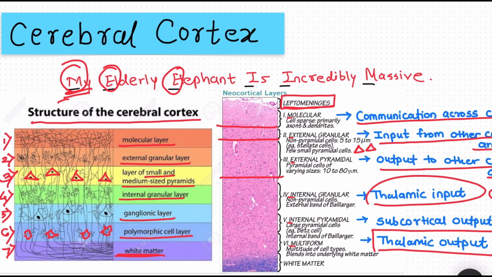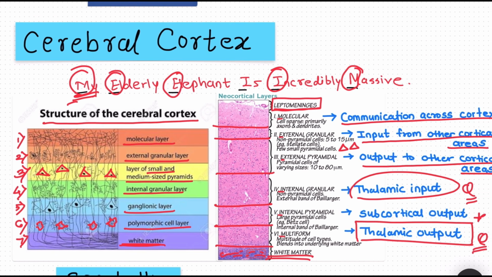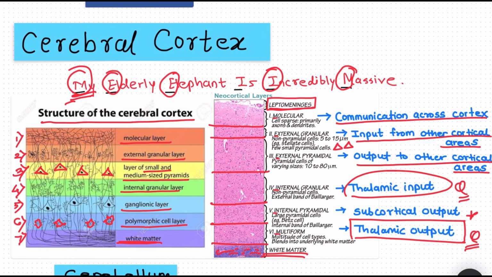Then I in Is stands for internal granular layer. Incredibly, this I stands for internal pyramidal layer, and the Massive's M stands for multiform layer, and this blue area is white matter area. So these were layers of cerebral cortex.